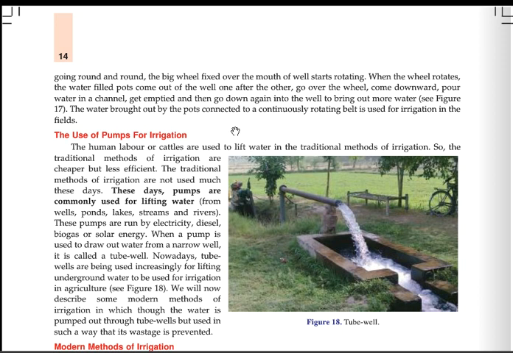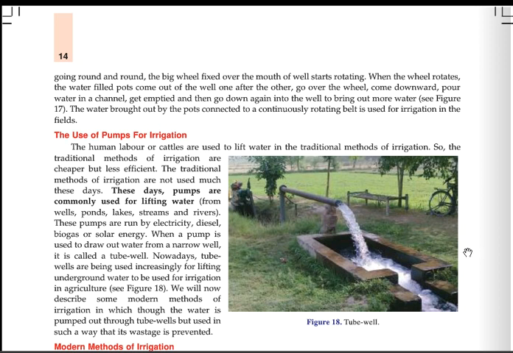These four methods, the mode system, Dhekli system, chain pump system, and lever system, were used in earlier days for agriculture, and they require a lot of time for irrigation of a small area of land.